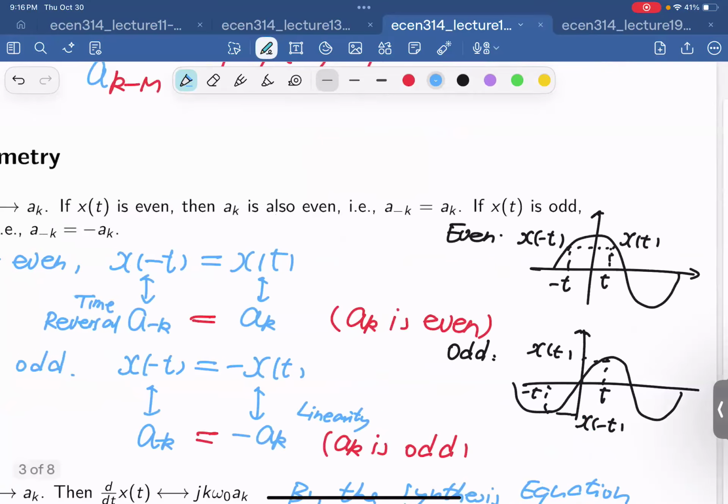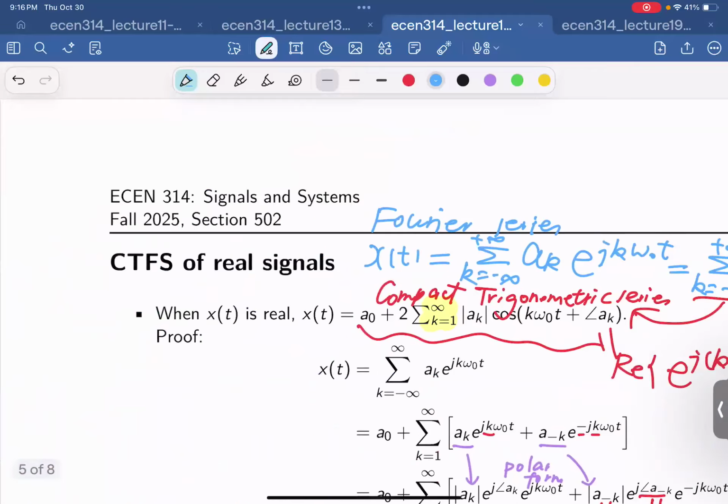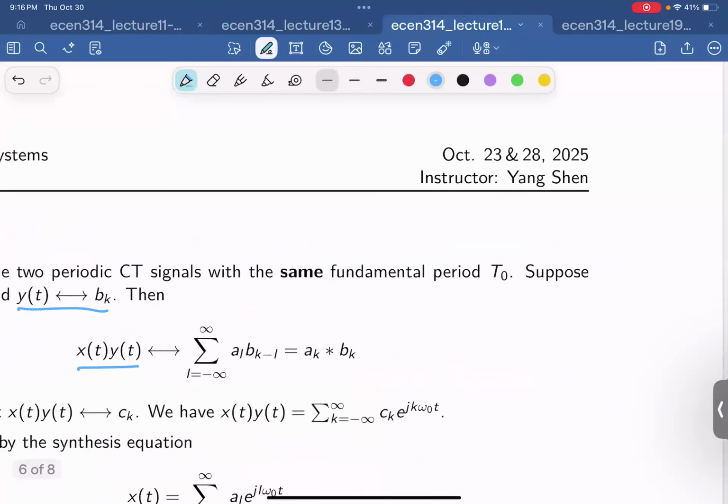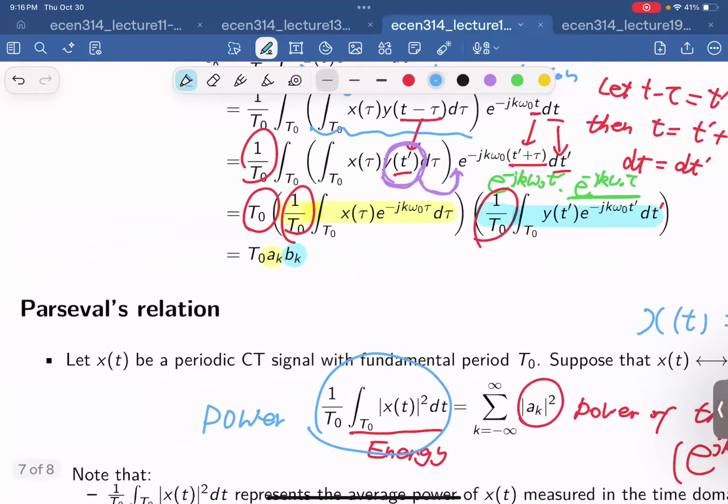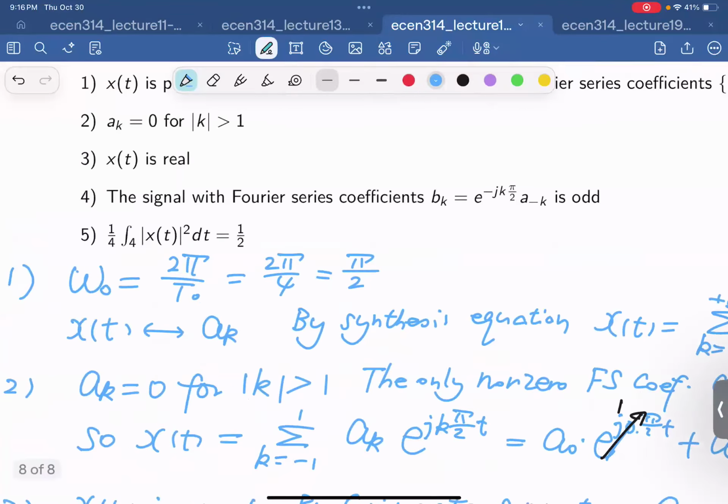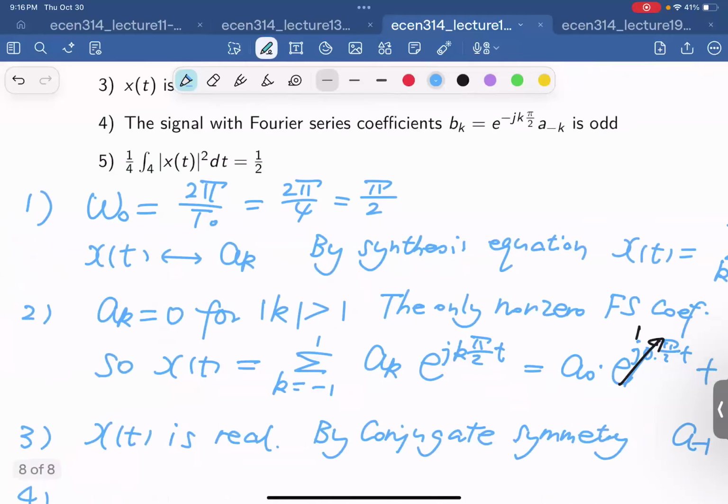So now let's come back to this question, right? This clue says that that signal is odd.